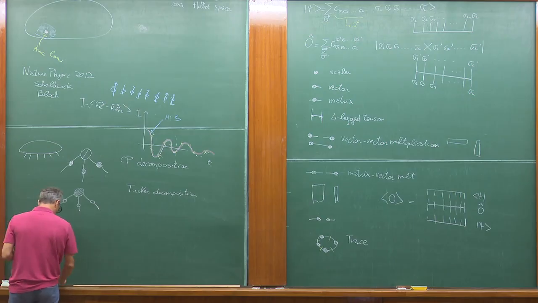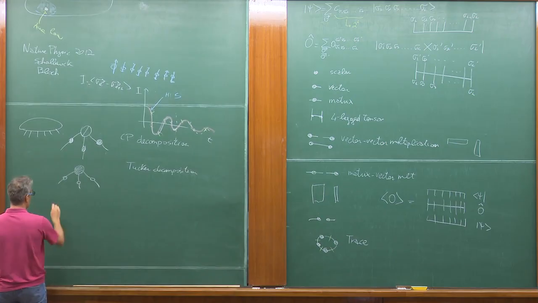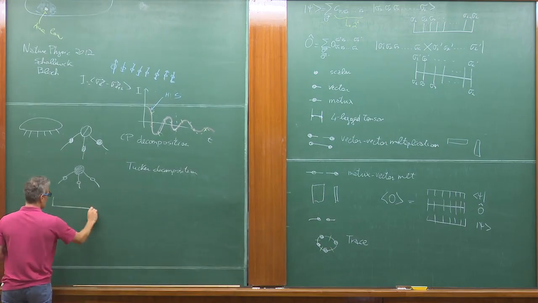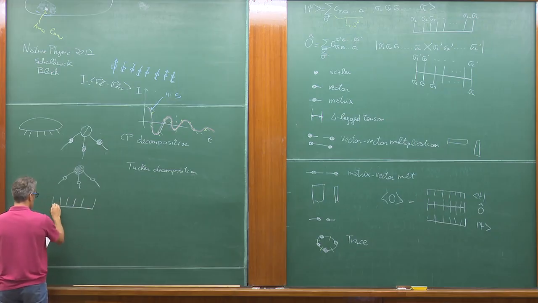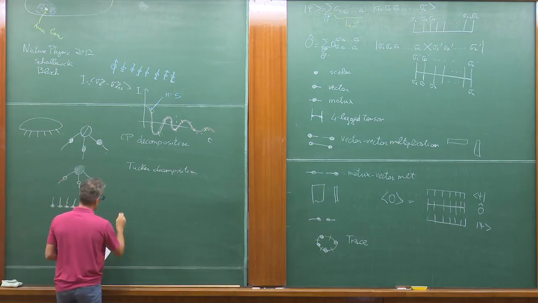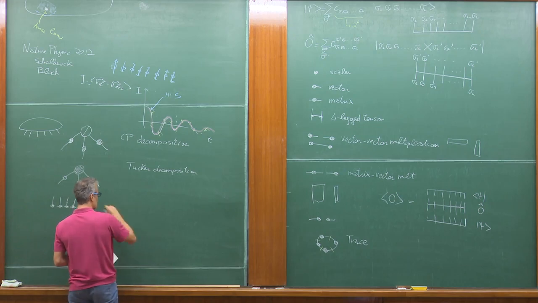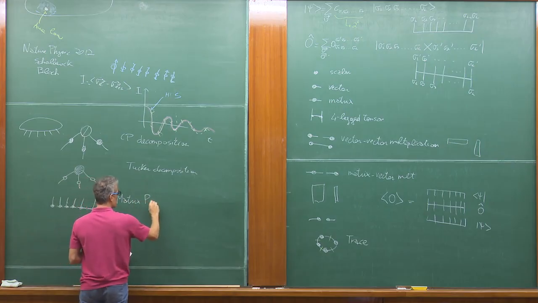Then you have this other decomposition, which we will play a lot with, where you have different tensors of this type. This has various names. The most common name that we use in physics literature is matrix product states.